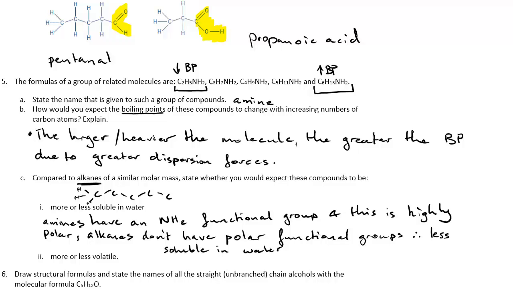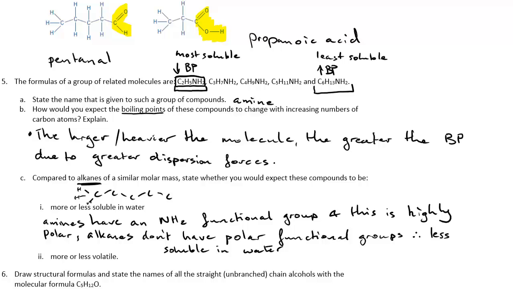So the solubility is quite interesting because the most soluble compound here out of this list, even though they're all amines, they're all going to be soluble, is actually this one. This one will be most soluble in water. And then this one will be least soluble. The reason for the difference is because that NH2 group, which is quite polar, is being shared across only 2 carbons.